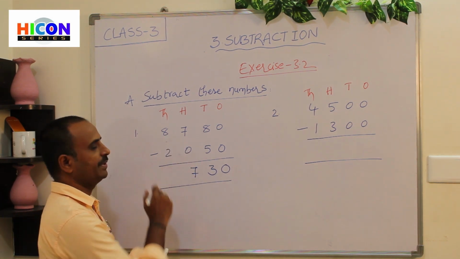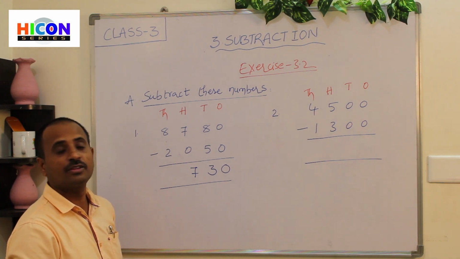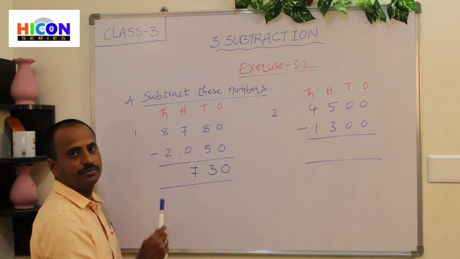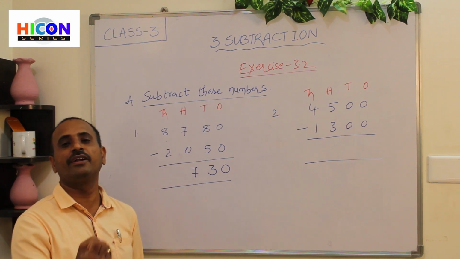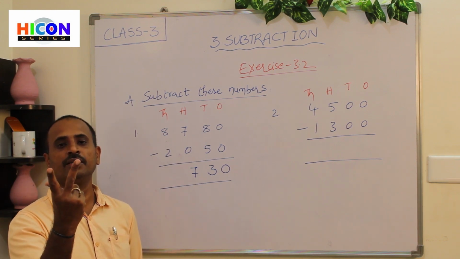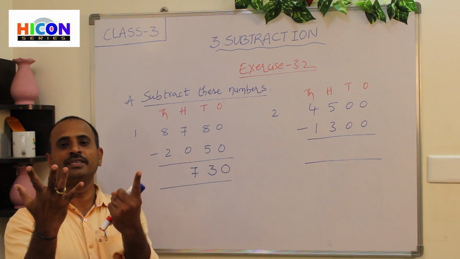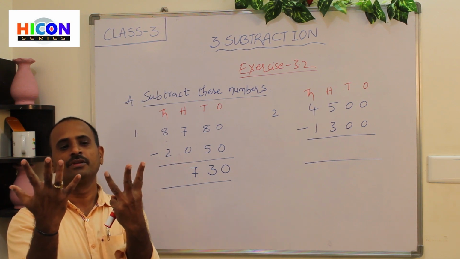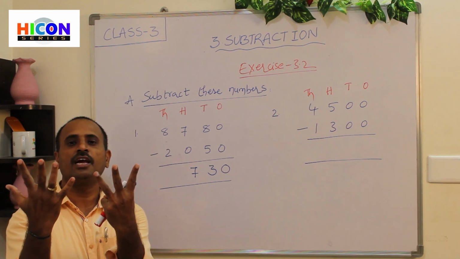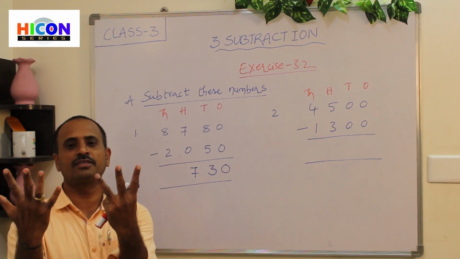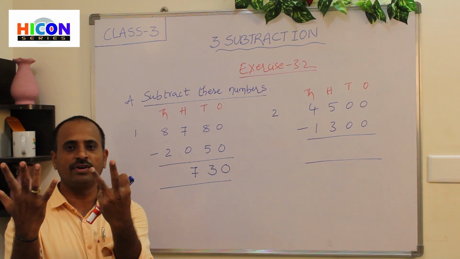Now go to thousands place. What are the digits under thousands place? 8 and 2. What is the first number? 8. So open 8 fingers of your hand. 1, 2, 3, 4, 5, 6, 7, 8. What is the second number there? 2. So close 2 fingers among these 8 fingers. 1, 2.